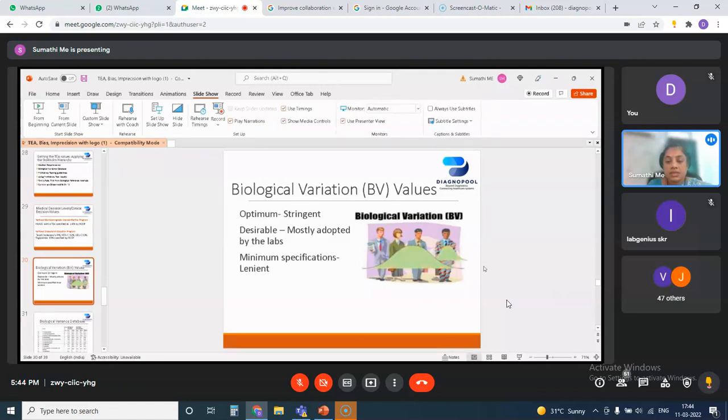Here this diagram shows that there are variations which can happen in an individual itself and across individuals. For example, in an individual, the test results can be affected by the diet, the gender, the body mass, body weight, and the medications, disease conditions. All these host factors influence the testing process.